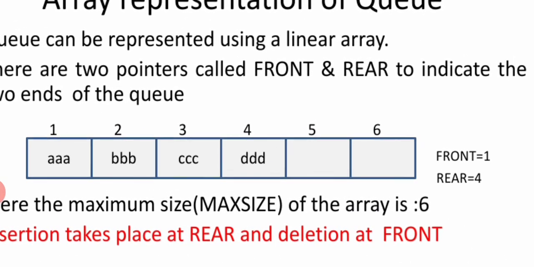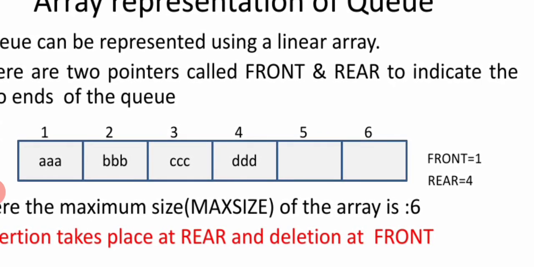At present the rear is indicated as 4. If you want to insert an element, you have to increment the value of rear equals rear plus 1. That means the rear will point to 5, and you can insert the element at the fifth index.